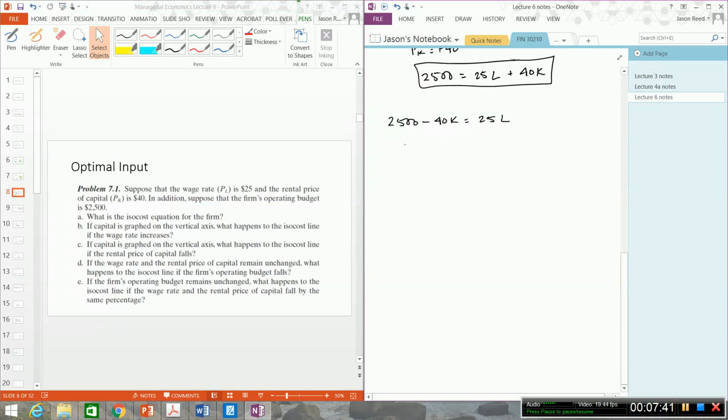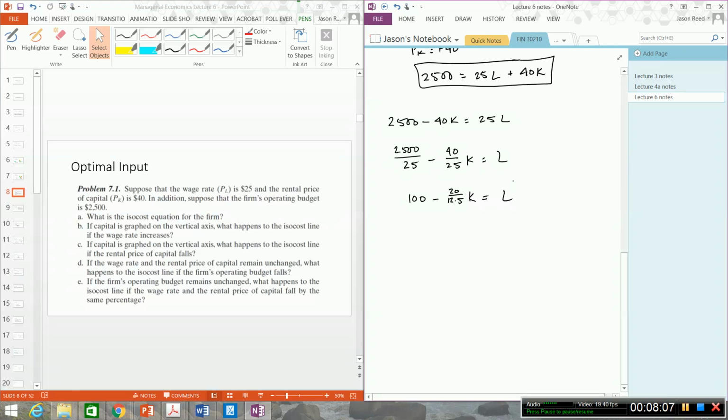Let's divide everything through by 25. So we get 2,500 divided by 25 minus 40 divided by 25 K is equal to L. So we should get 100, and so we should get 20 over 12.5. I know this could be reduced further, but we're okay with that right now.